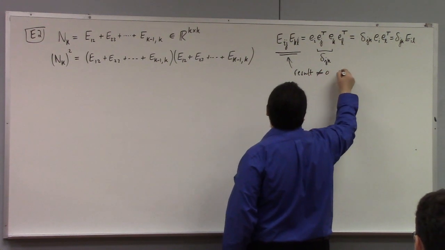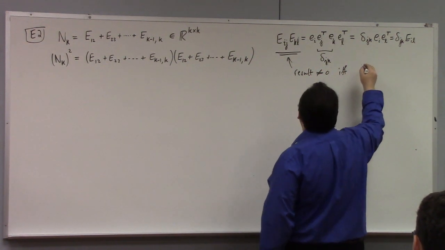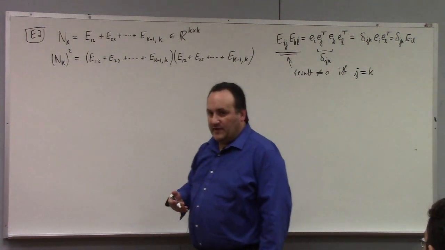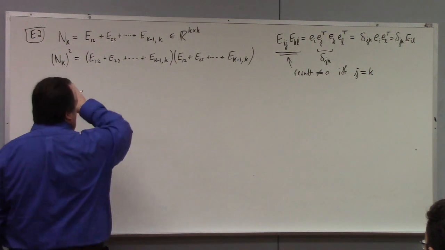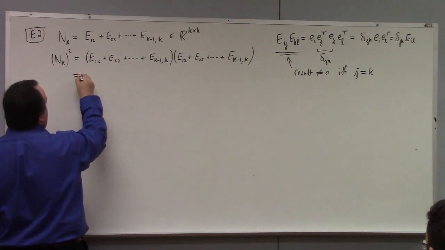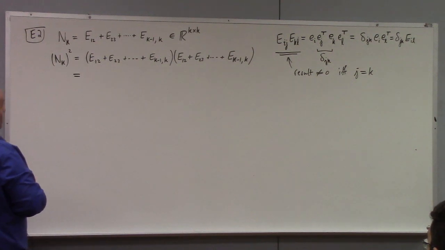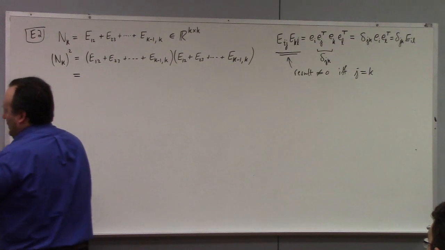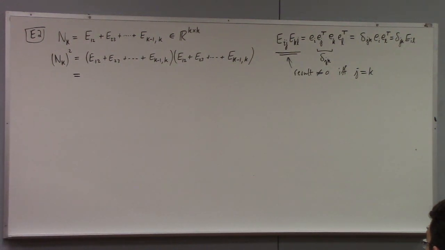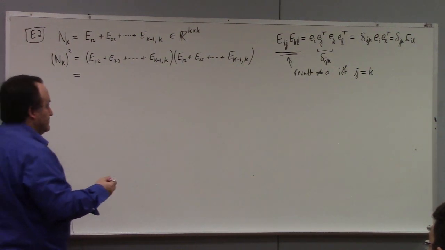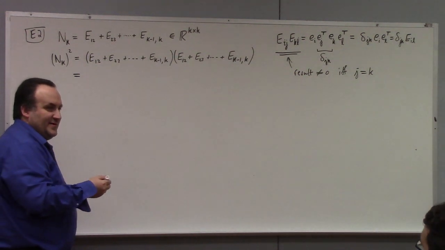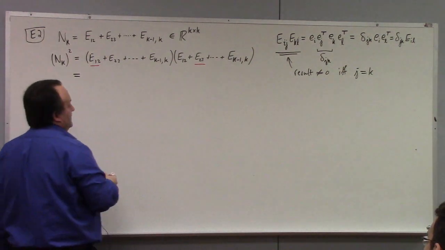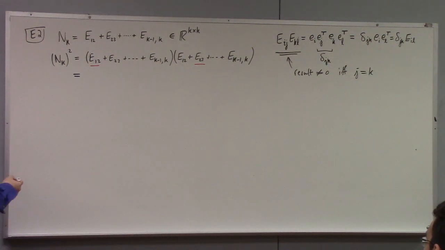So what that all means is that when you multiply these two, the result is not equal to 0 if and only if what? J is equal to K, right? Only when J equals K do we get something non-zero. So when you multiply this out, what do you get? Can you see it? What have I done? Let's see here. So this times that, the 2's, they be matching, right?